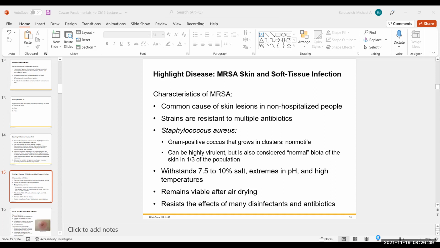This is caused either by very invasive strains of strep pyogenes or by Clostridium perfringens. Clostridium perfringens, you will maybe remember, causes gas gangrene.